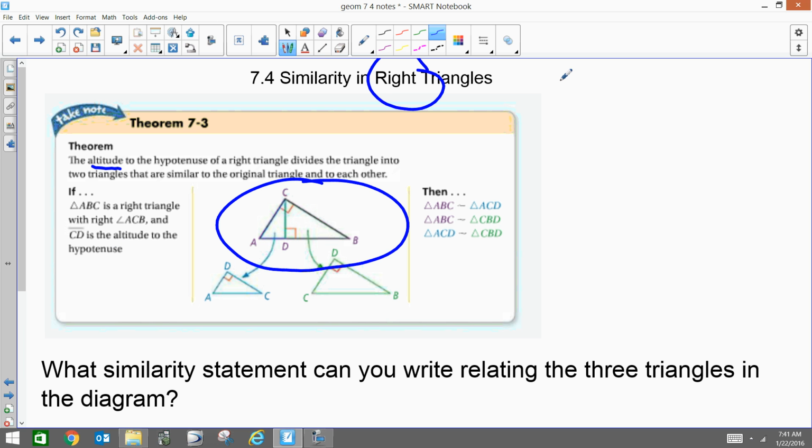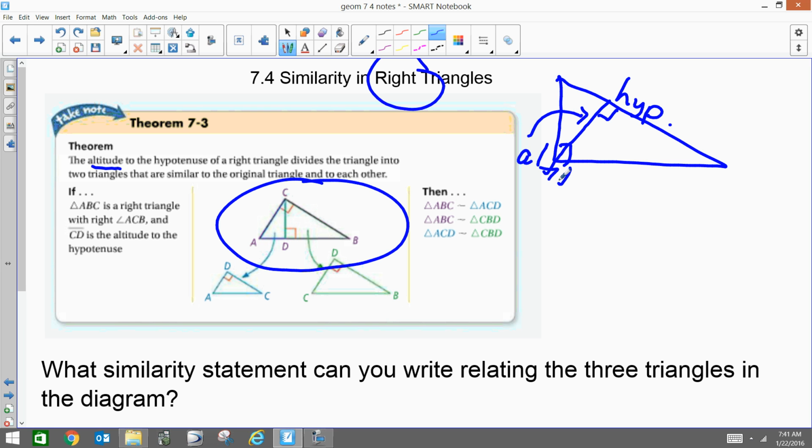So you have a right triangle, and here's your hypotenuse. Your altitude, remember from chapter 5, is from your right angle, this is your altitude right here. So that is the look of this whole section.